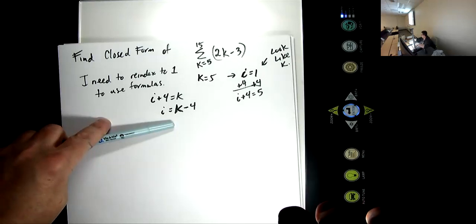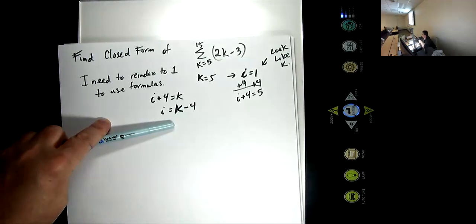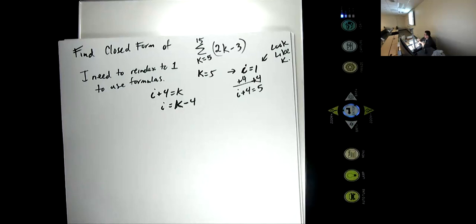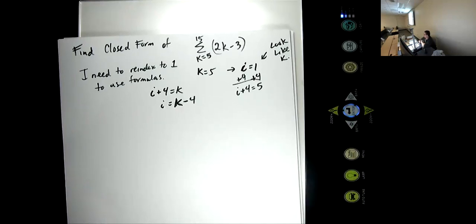If I wrote k equals k minus 4, I guarantee more than one person in here is going to go, what is he doing? It's perfectly natural because it doesn't make any sense. So use a different letter while you're re-indexing. If you particularly like a letter, switch back to it when you're done.